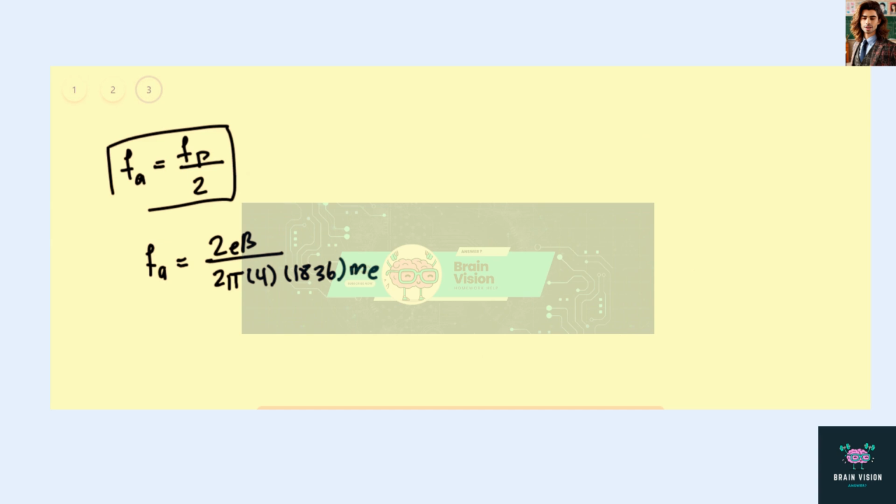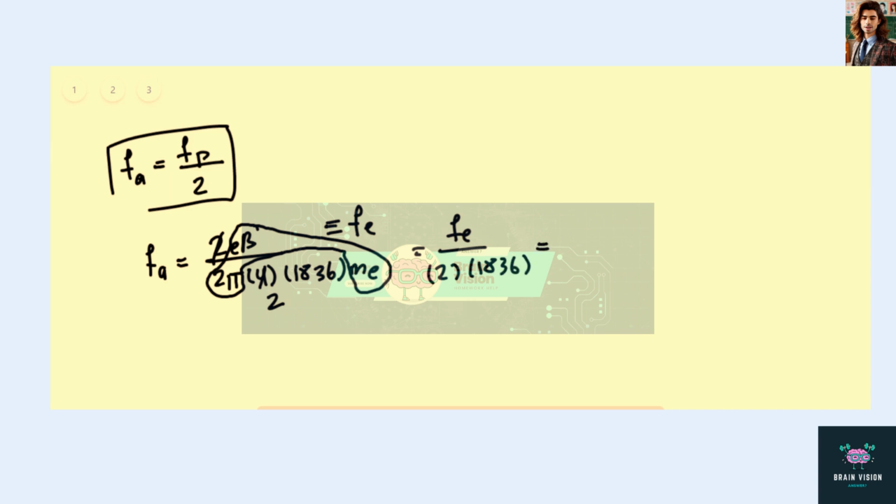Going back, as you know, eB over 2 pi me was already the frequency of the electron. Now what we have, these are going to cancel. We're going to have 2 here. Then 2 times 1836 fe over 2 times 1836 is going to give us the relationship between the two frequencies, 3672, right?